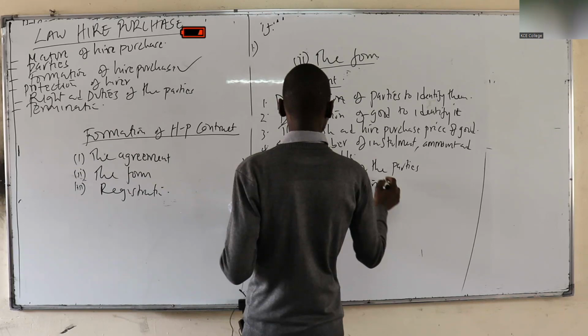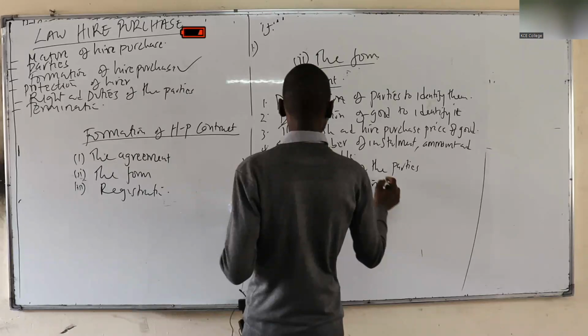Number two, implied terms. Number three, repossession of the goods.